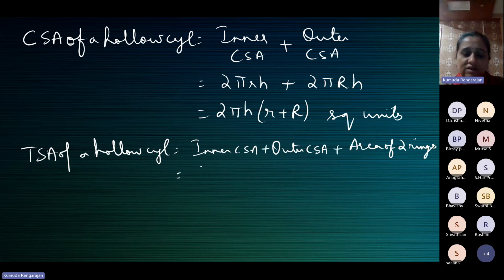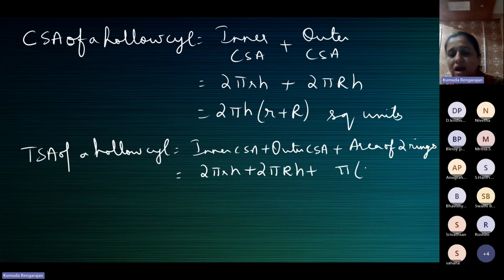So inner CSA is 2 pi rh, outer CSA is 2 pi RH, plus area of one ring is pi R square minus r square. Two rings, so 2 into pi R square minus r square. Area of one ring is pi R square minus r square. Two rings will be 2 into, double that.